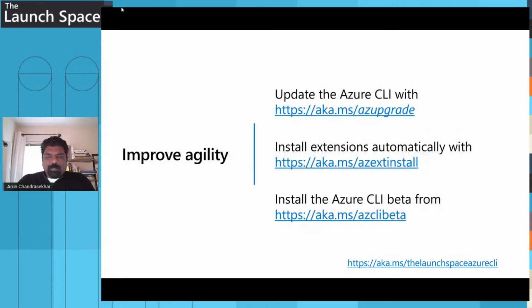Looking back to the last year, one of the things that we really wanted to focus on, to provide customers with business value really quickly, was to improve our agility. We were already in a pretty good cycle, on a 3-week cycle of releasing an Azure CLI Core installer.